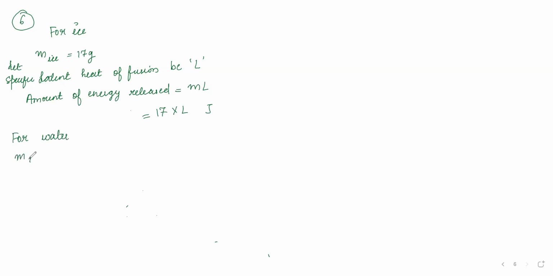Mass of water to us has been given as how much? 40 gram. Okay, and then you know what is the specific heat capacity of water. They have already given you is 4.2 joule per gram per Kelvin. And then what is the delta T? Then it is coming to its freezing temperature. So here it's like 34 degrees to 0 degrees.